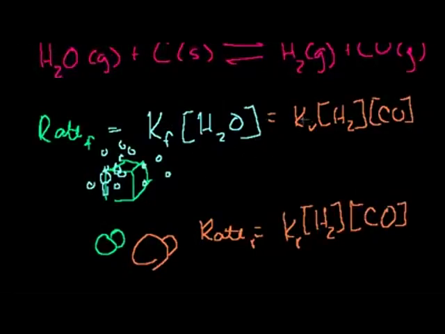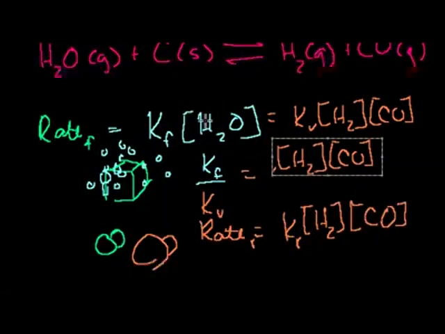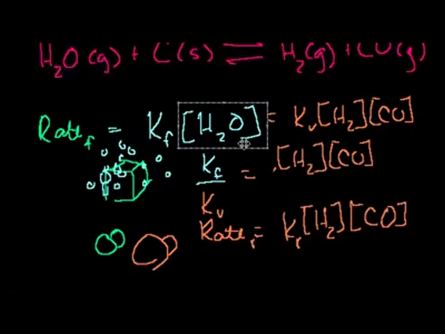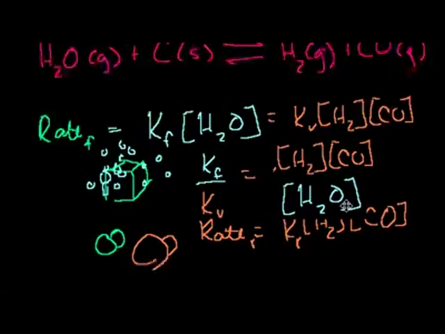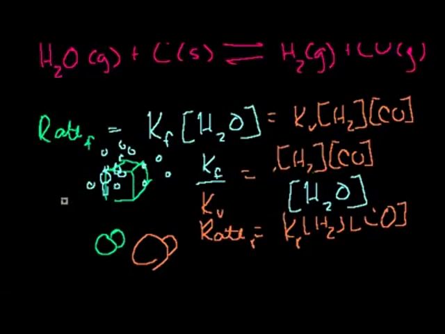Divide both sides by the k's, and by the H2O, and you get the forward constant divided by the reverse constant, I'm just dividing both sides by that, is equal to this divided by that. And if we call this the equilibrium constant, because it's just two arbitrary constants, we could just call this the equilibrium constant.